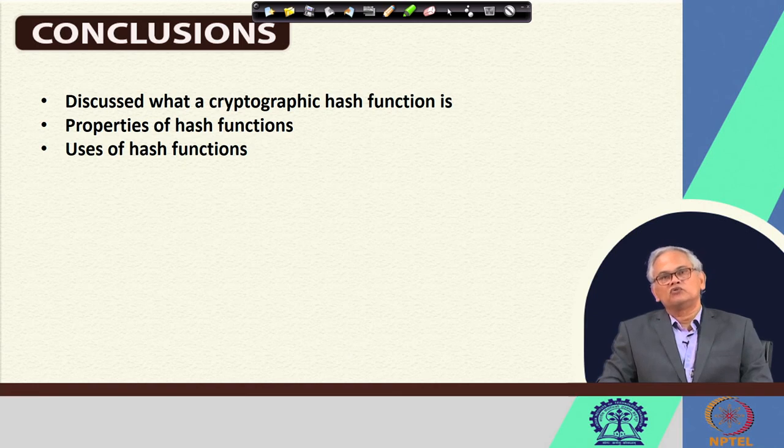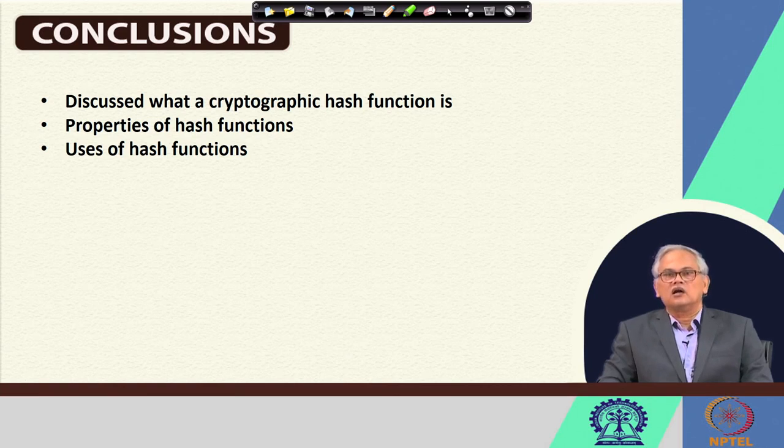So, these are some of the useful uses of hash functions, and later on we will see how these uses, which we have seen in a general context, can actually be used in constructing blockchains like Bitcoin or Ethereum or other types of blockchain.